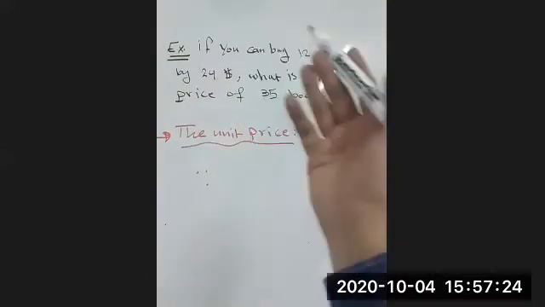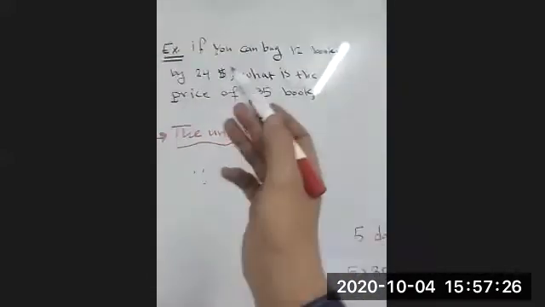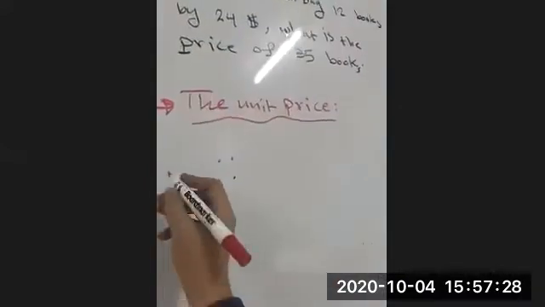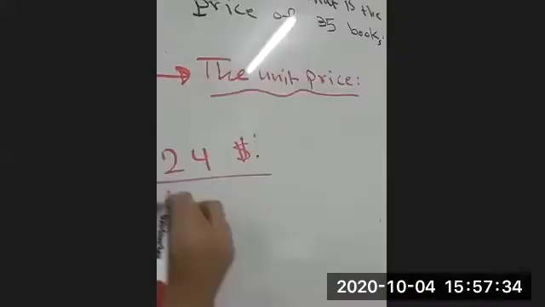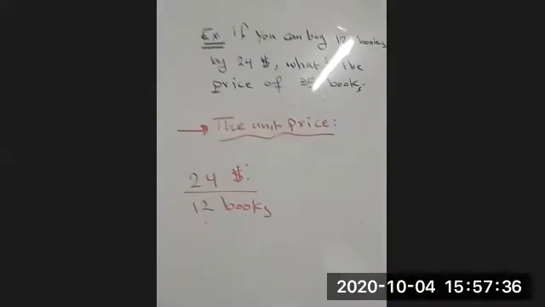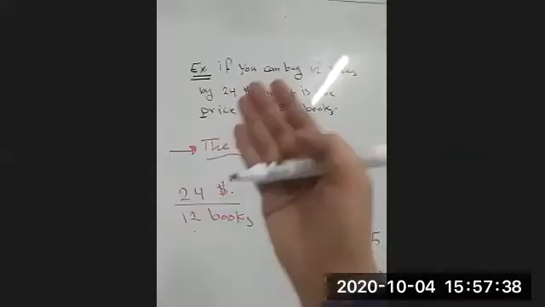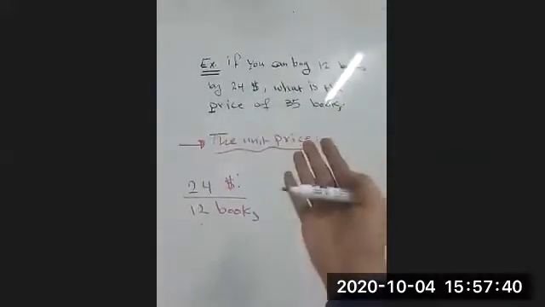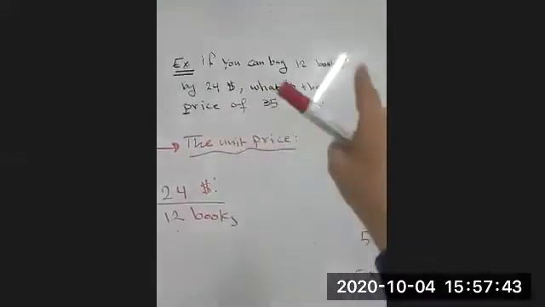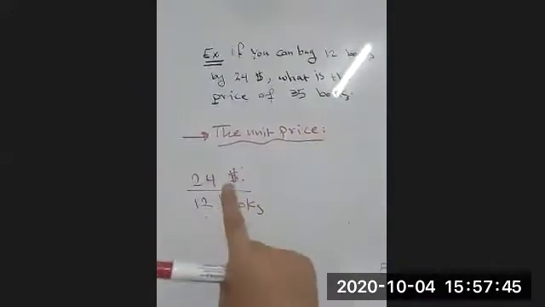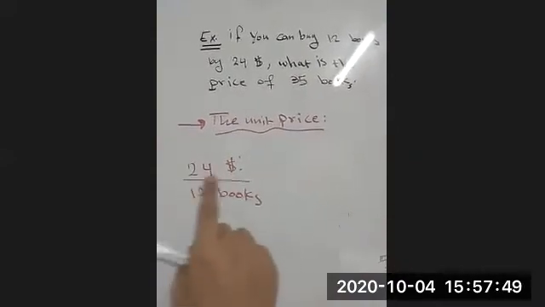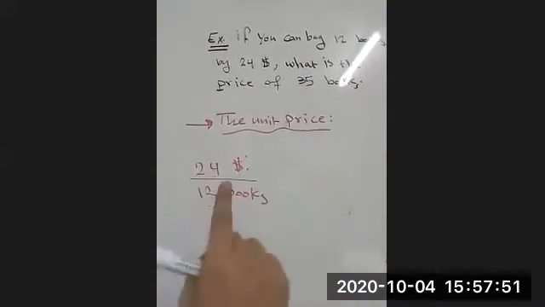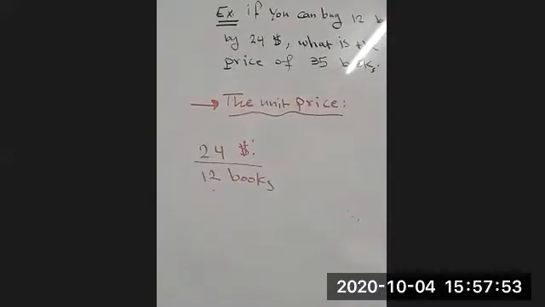Now to know our rate, guys, here we have 12 books, $24, and we always put the money up, $24, and down 12 books. This is our rate. Where do I get this rate from? From the question. If you can buy 12 books for $24, so 12 books down, the number of items, and the price of the 12 books, $24, up.